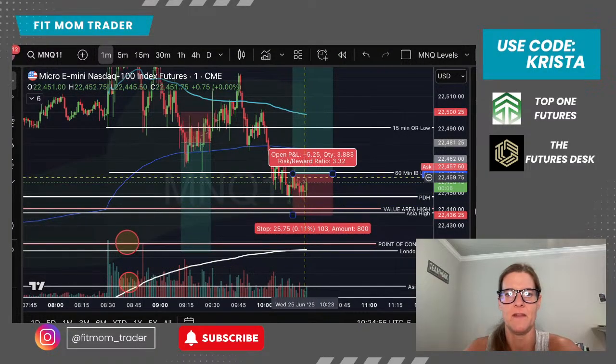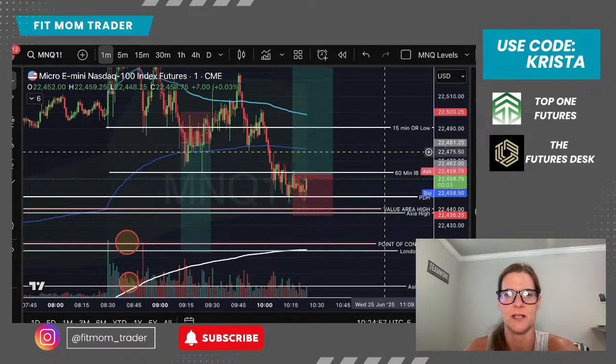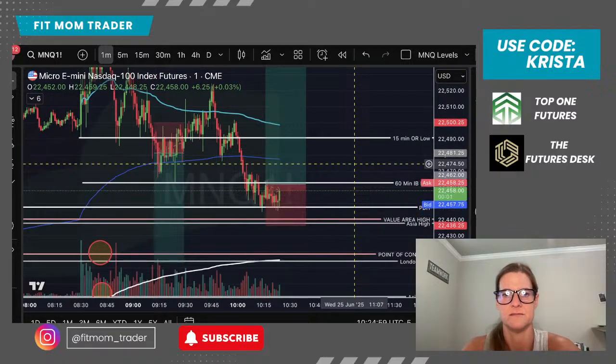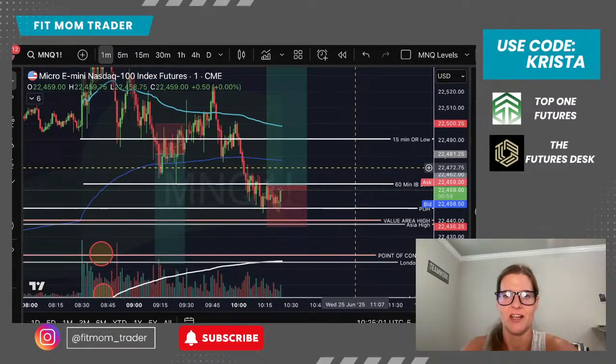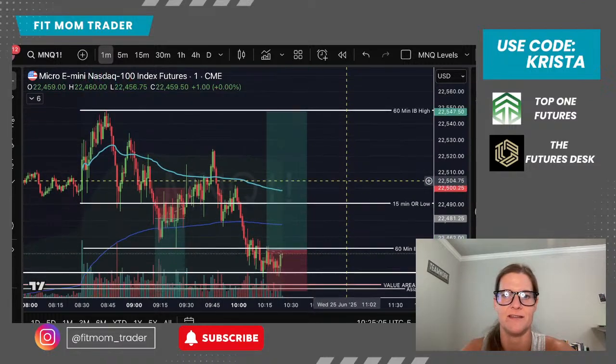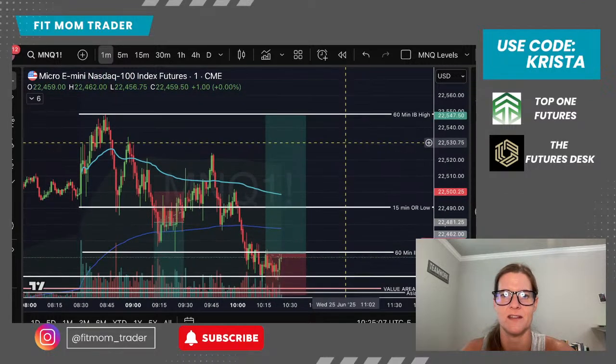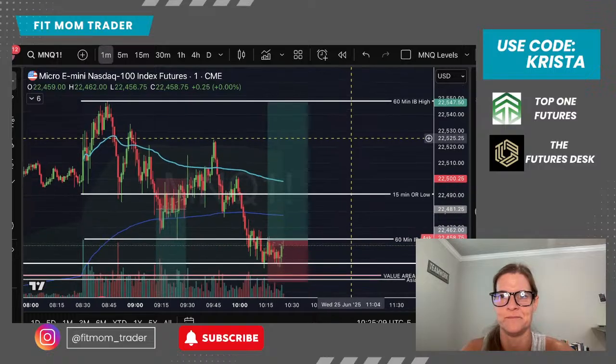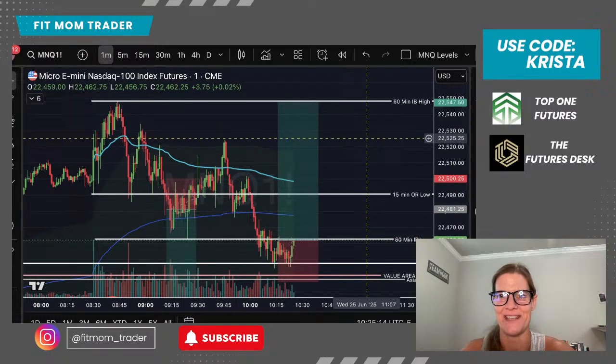Strong buy up and then hold above initial balance low. And then for the cherry on top, break above all these VWAPs and then let's just go up to the initial balance high. Sound good, you guys? Sound like a plan? Let's do it. Come on. You know you wanna.